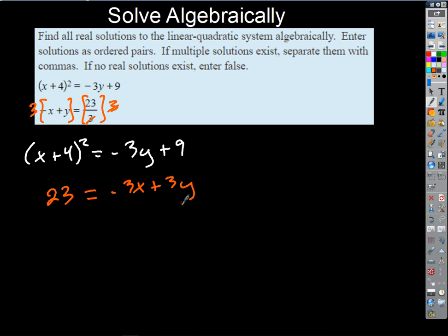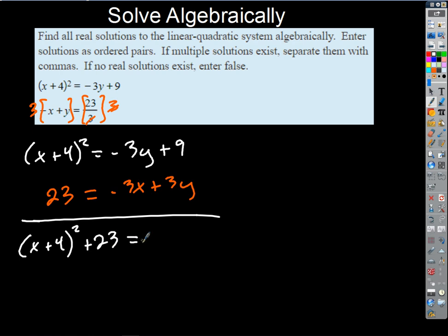And if I do that, so the y's cancel, and I just get negative 3x plus 9. Agreed? Okay.